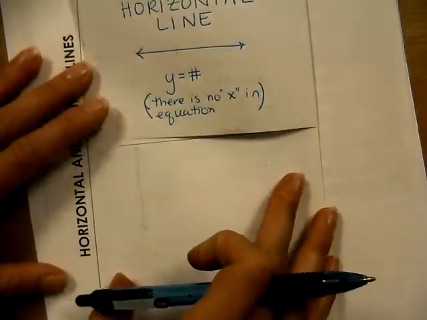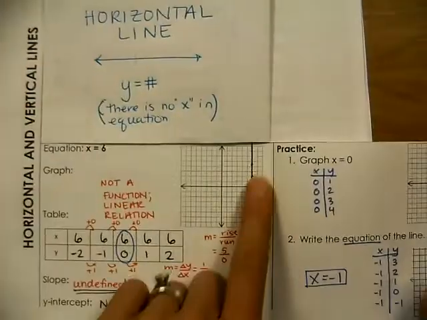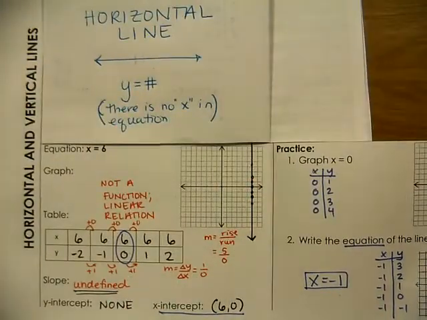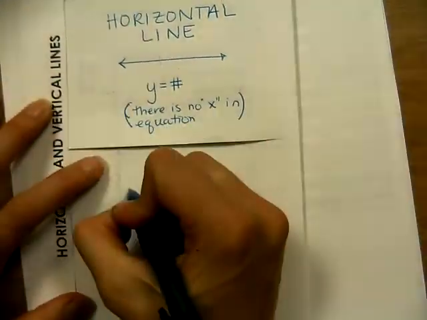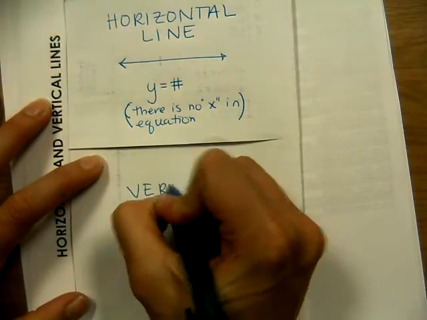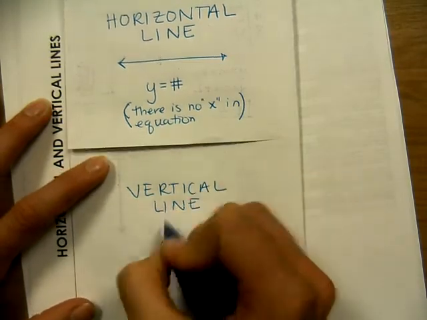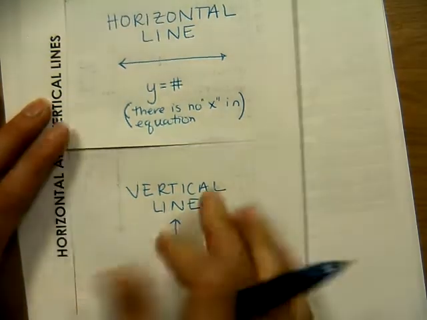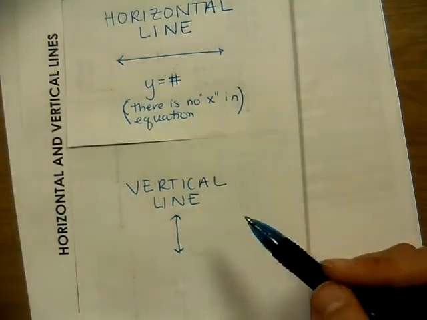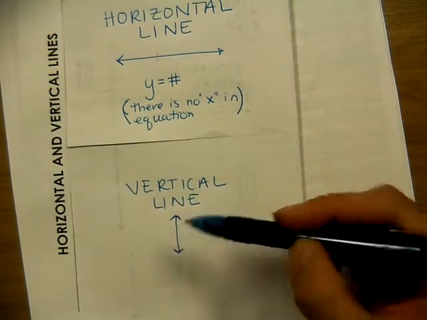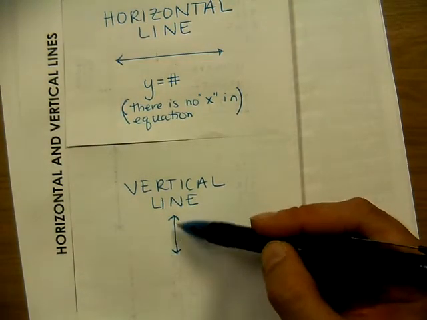Whereas down here, these graphs were vertical lines. So a vertical line will be going up and down. So the graph will look like this. And your equations for a vertical line, well, let's think about this. If you have a vertical line, then x is remaining constant. It doesn't matter what y is.